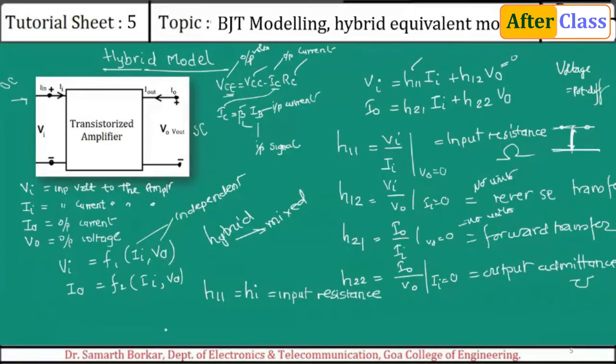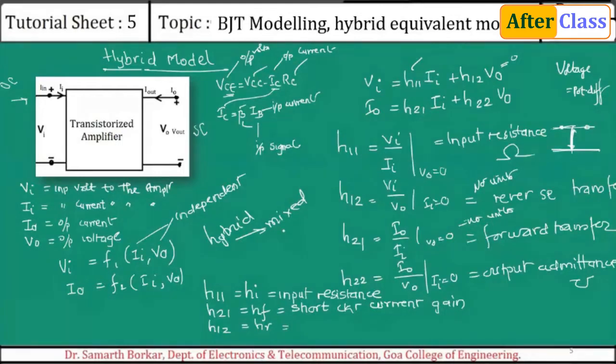Okay, next H21 as HF. It is a short circuit current gain. Okay, what is left? H12 is denoted as HR.